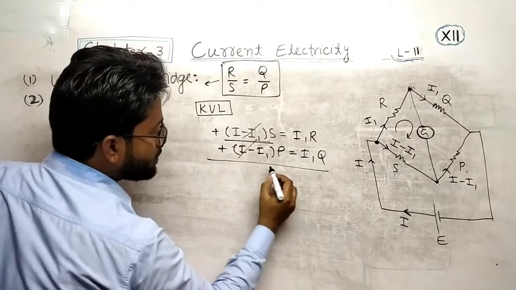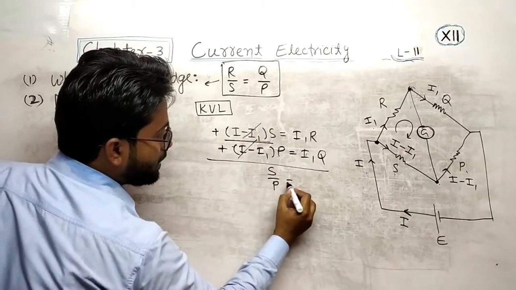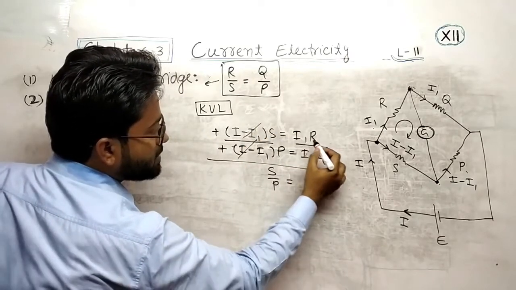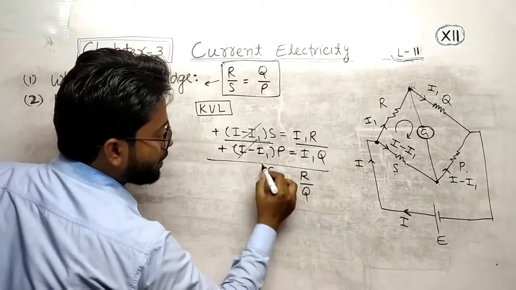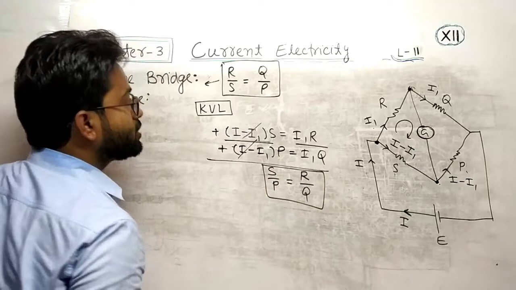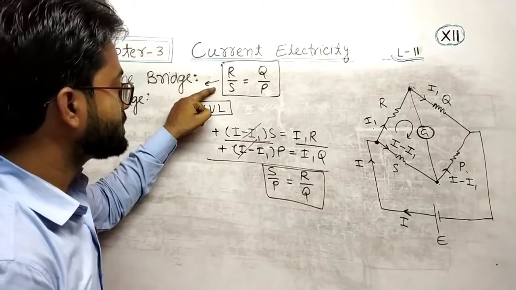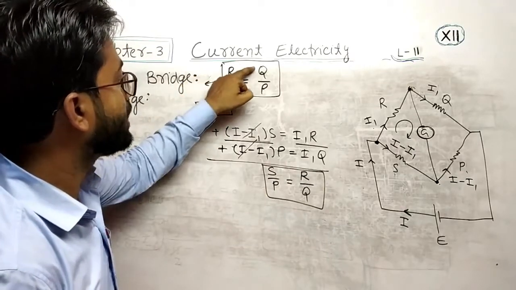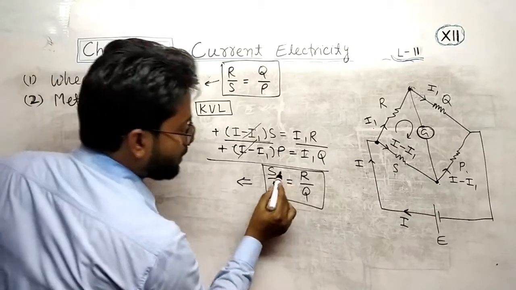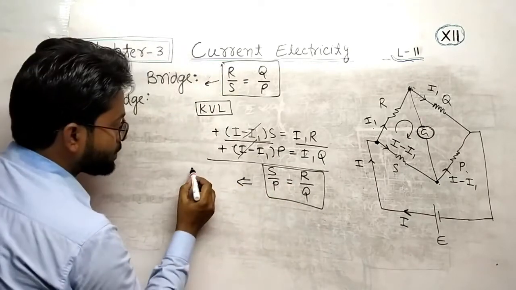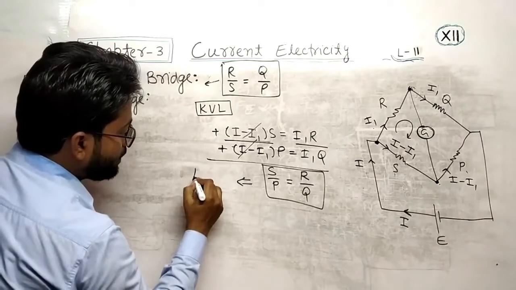I1 cancels out, S upon P is equal to R upon Q. This is the condition. R upon S equals Q upon P. You can replace Q and S. What will happen?